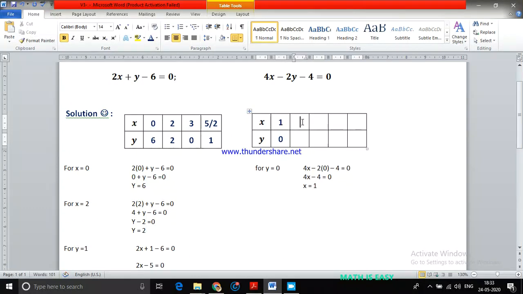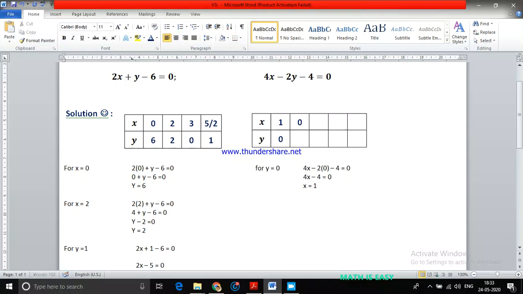Now the second case, let me put x value as 0 and see what the y value is. For x equals 0, let's see what you get. X equals 0 means you will get 4 times 0 minus 2 times y minus 4 equals 0.